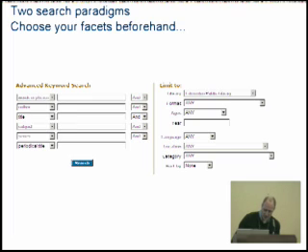One reason that the result sets are a lot bigger is a change in paradigms for entering queries. There are two paradigms, I think. This is perhaps an older one, where you choose your facets before you enter your search query.